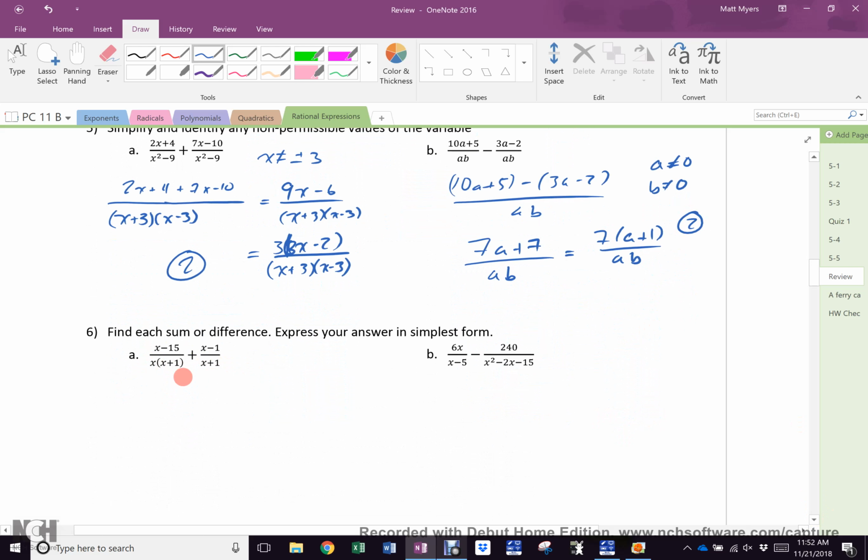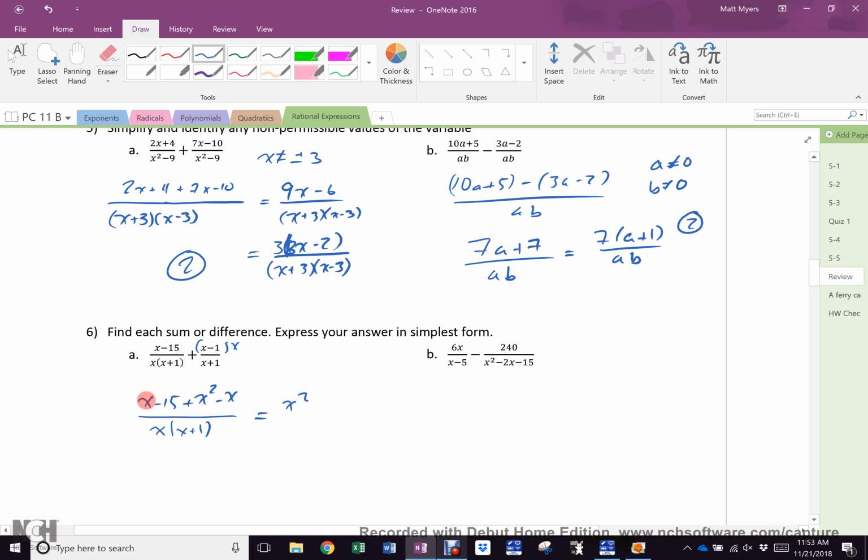Find each sum or difference. What's the common denominator? X plus 1. Does that guy need to change? No. X minus 15 plus. Does that guy need to change? Yes. Times x. X squared minus x. Now I have like terms.